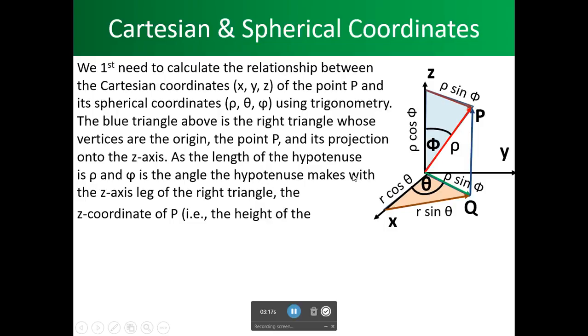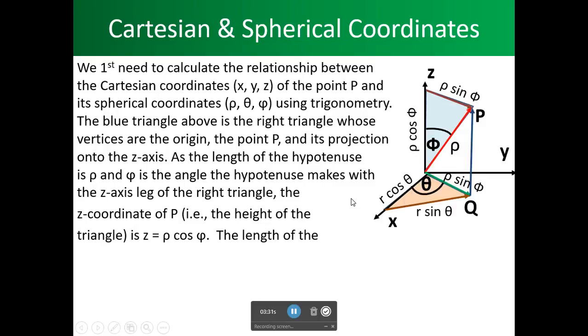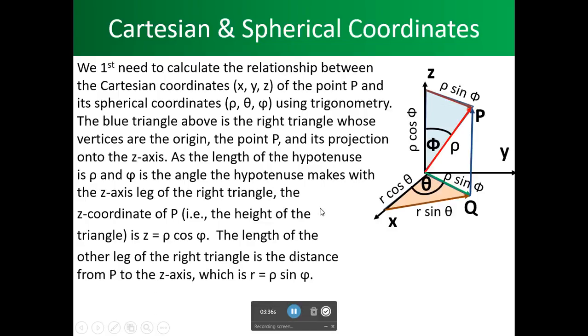The leg of z is our rho times our cosine of phi. That's the length. Then on the other leg, we found that it's rho times the sine of phi, which is also equal to r, the radius in the x, y plane.